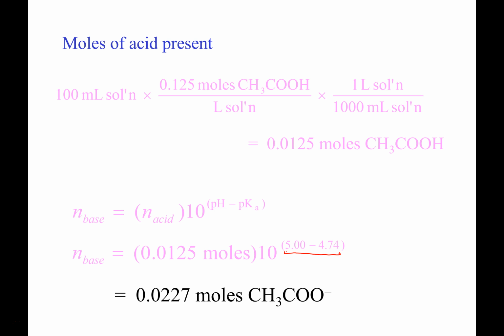So now what we need to do is to see how we get those moles from the compound, the sodium acetate.